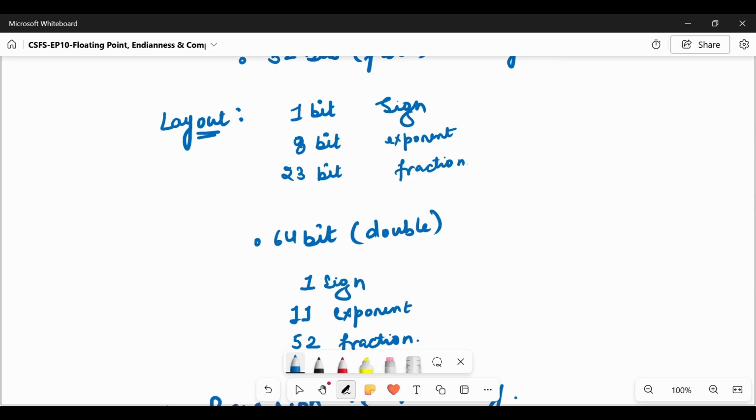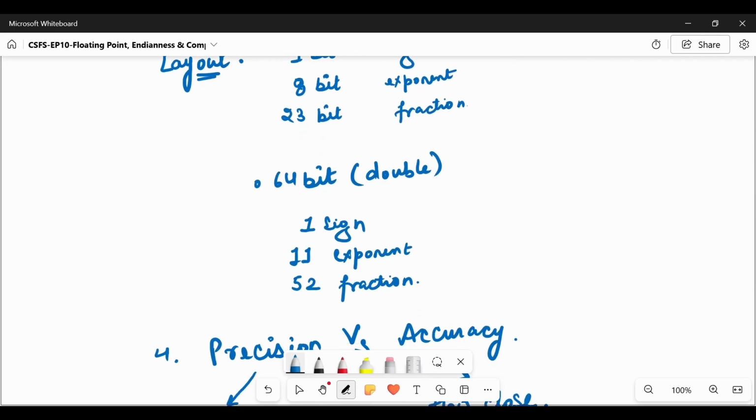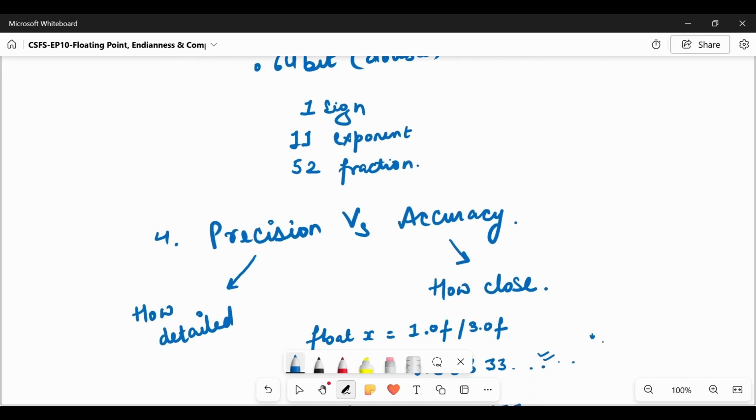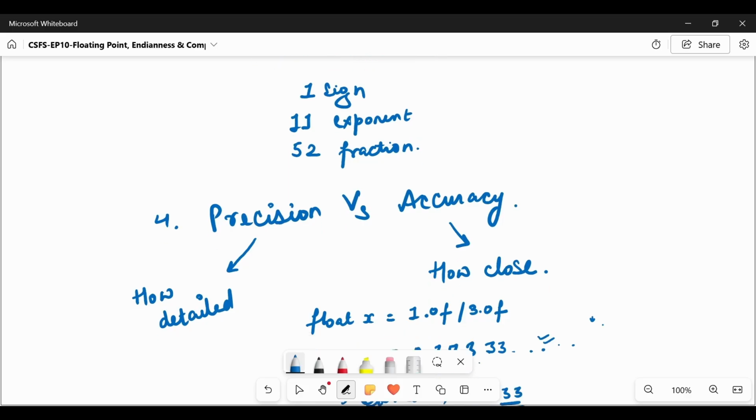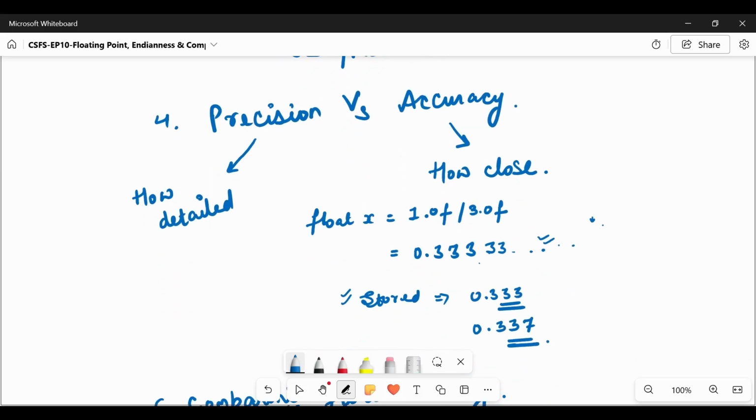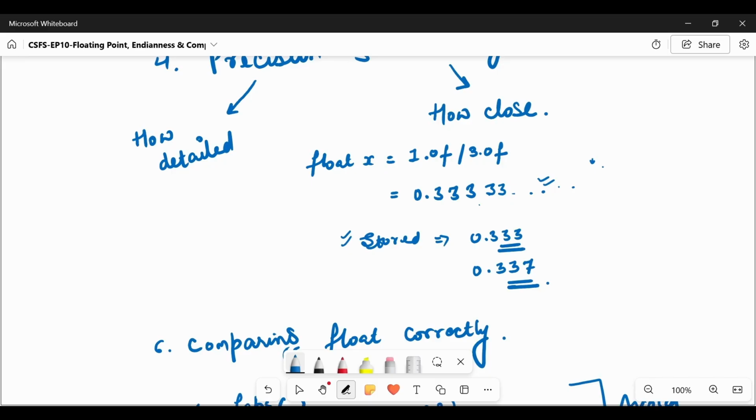Similarly, in double precision, that is 64-bit represented by the double data type, there is a corresponding representation. What do precision and accuracy mean? Simply, precision means how detailed we can go, accuracy means how close we can get to the result.